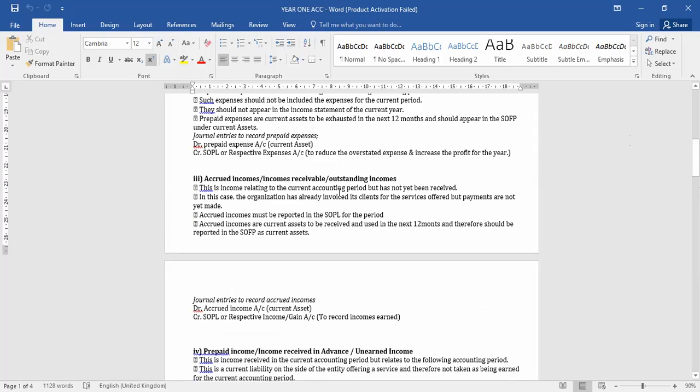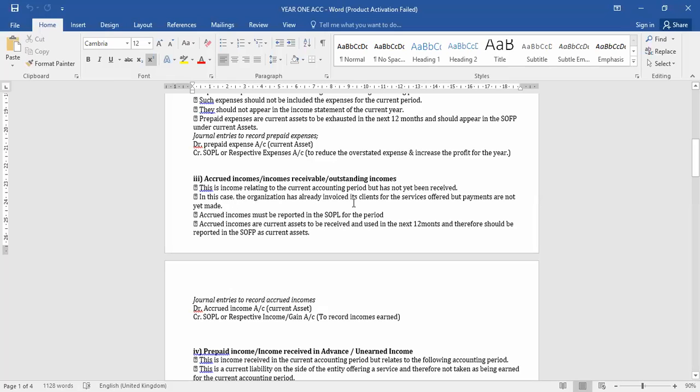This is income relating to the current accounting period but has not yet been received. In other words, another name is income receivable, meaning our accrued incomes are assets within our business, because we are demanding these people, but they haven't yet given us our money.